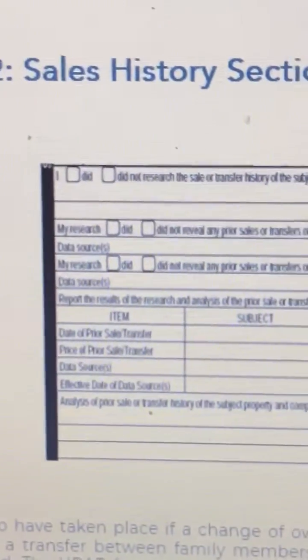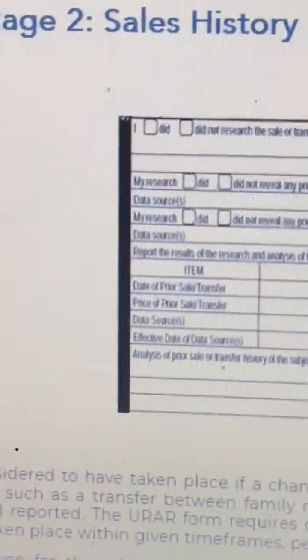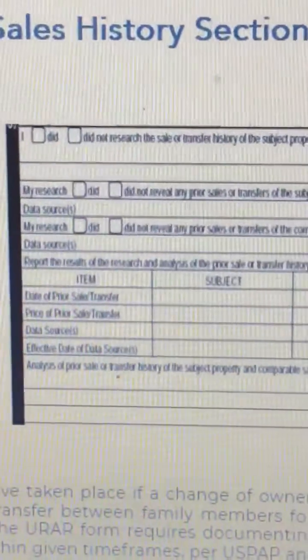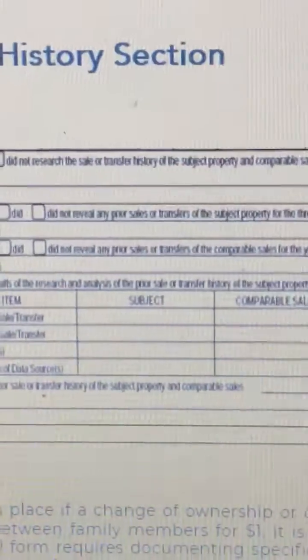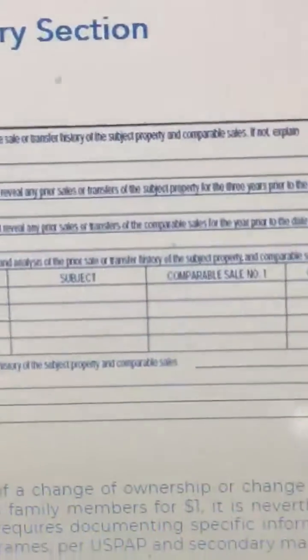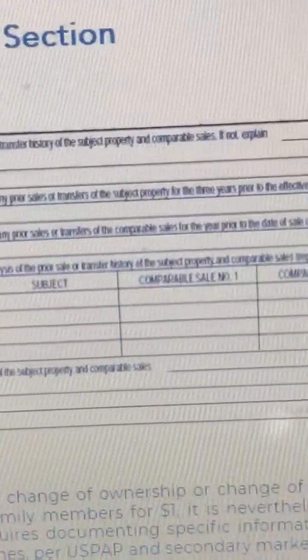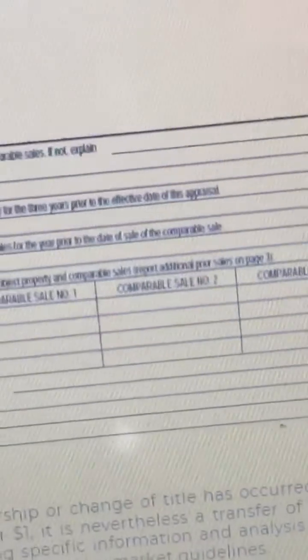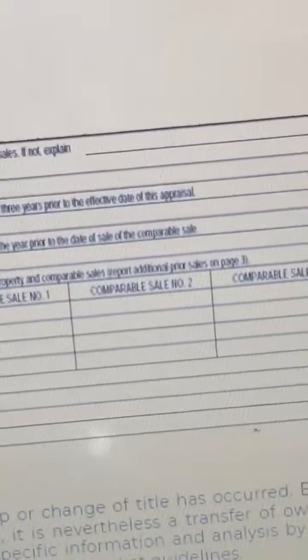Underneath that is data sources and a big old long line. Underneath that, report the results of the research and analysis of the prior sale or transfer history of the subject property and comparable sale, import additional prior sales on page 3.